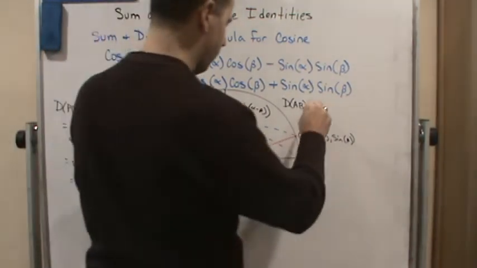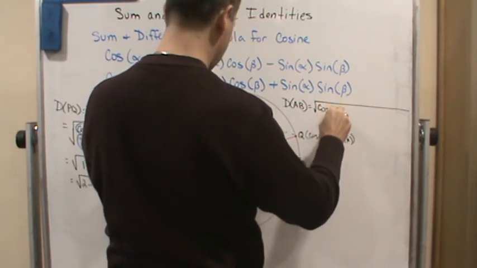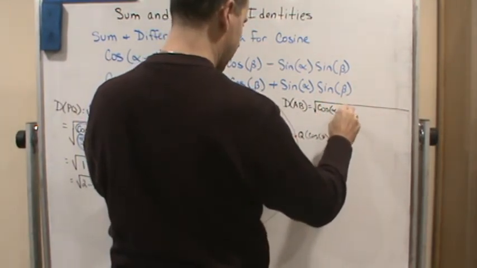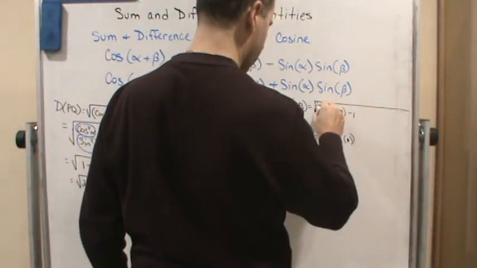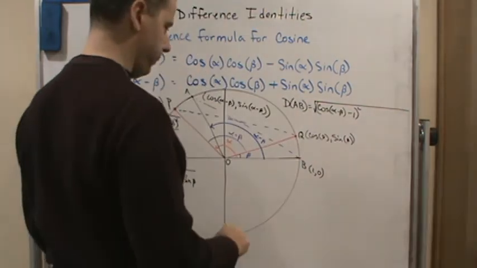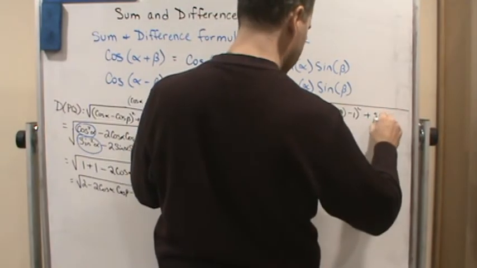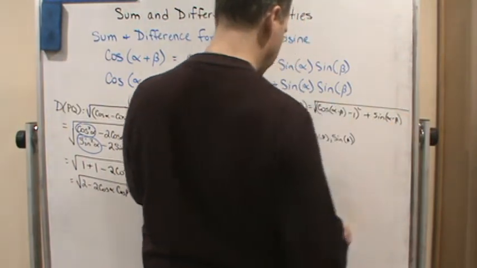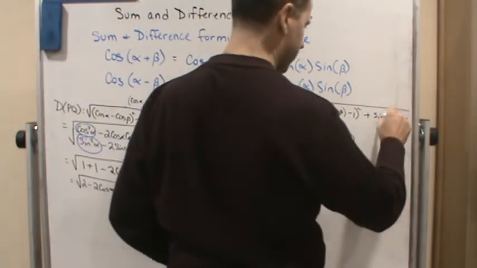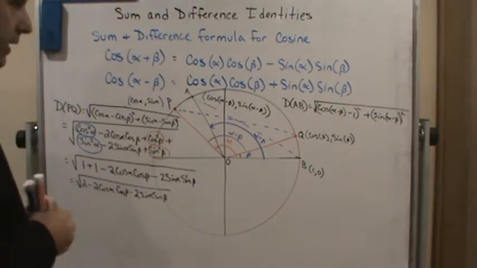So it's going to be the square root of cosine alpha minus beta minus 1 squared plus sine alpha minus beta, and again minus 0, so it's just going to be sine alpha minus beta squared.